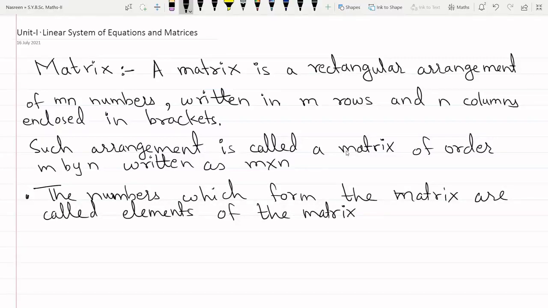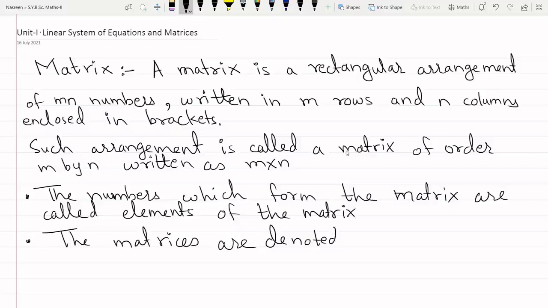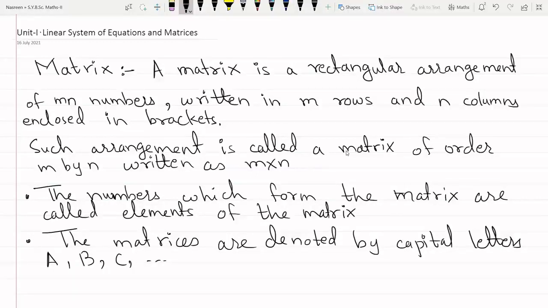So the numbers inside the matrix are called elements of the matrix. Matrices are denoted by capital letters. Matrix is singular, matrices is plural. So matrices are denoted by capital letters A, B, C, etc.